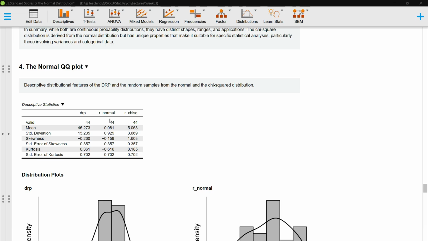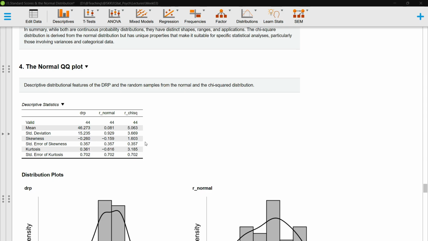Although because this is a random sample, it is not exactly 0, it is pretty similar to 0. And for the chi-square distribution, the skewness is 1.6. It's a big number, so right-skewed. And for the kurtosis, 3.1 is a pretty long-tailed distribution.